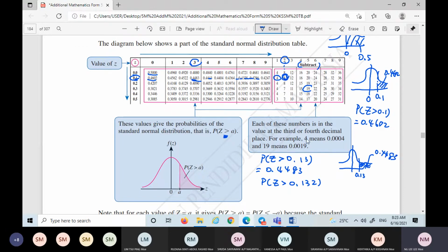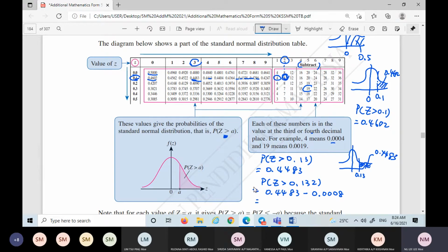But this 8 follows this. If it is one digit, 8 means it's at the fourth decimal. So for 0.13 they give you 0.4483. Then for 0.132 you have to subtract 8, but it's not 8, it's 0.0008, at the fourth decimal.